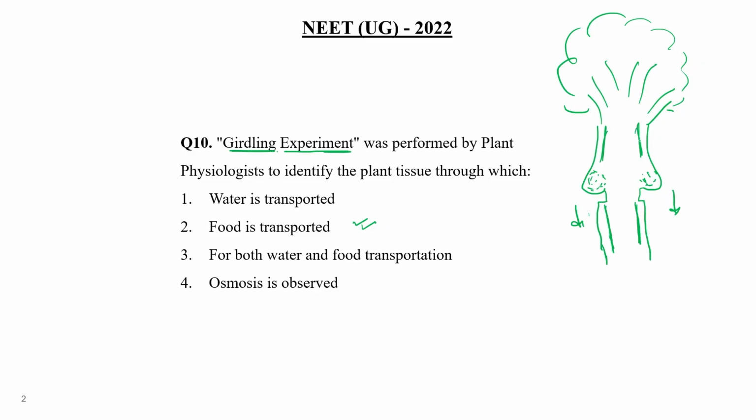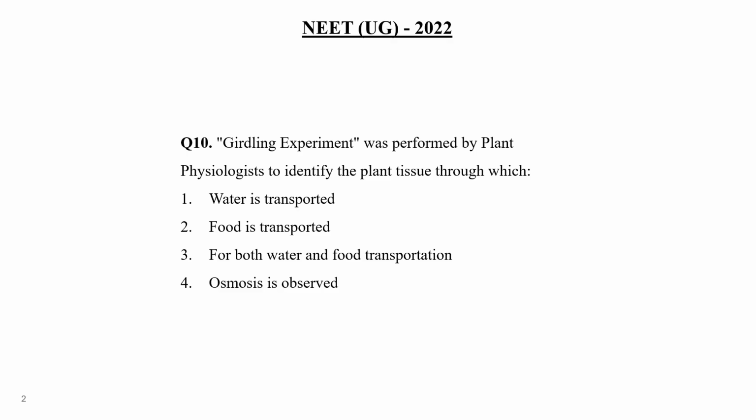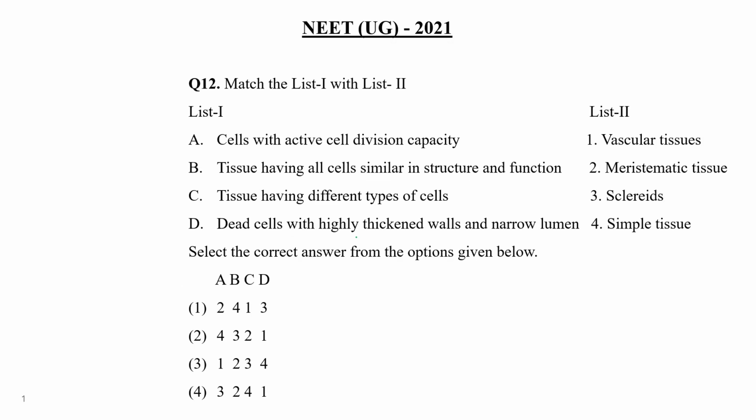Whatever the leaf synthesizes, starch, they just store in this particular area. So swelling occurs just above the cut, right? So food is transported. Choice number 2 would be the correct answer.